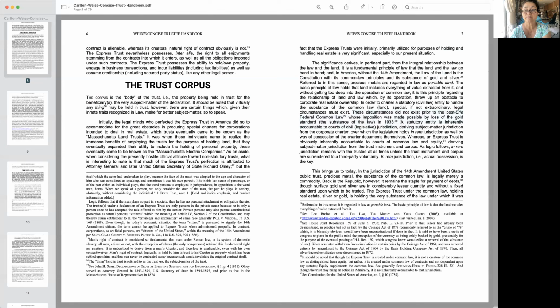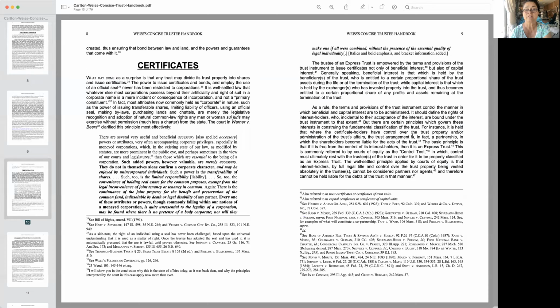This is different. A statutory entity, civil law, is inherently accountable to courts of civil legislative jurisdiction, deriving subject matter jurisdiction from the corporate charter, over which the legislature holds in rem jurisdiction, as well by way of possession of the charter documents themselves.